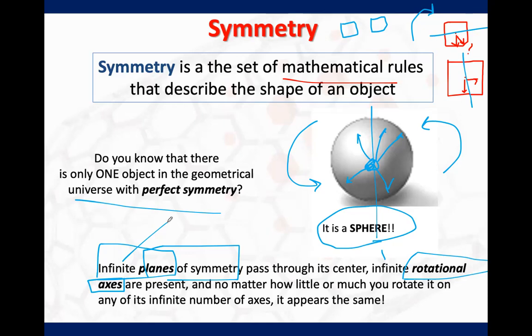Okay, right. So this is what you expect from symmetry, because you need an infinite number of planes and an infinite number of rotational axes in a sphere, right? Of course, for a cube also, you can have a similar type of geometrical planes and axes.